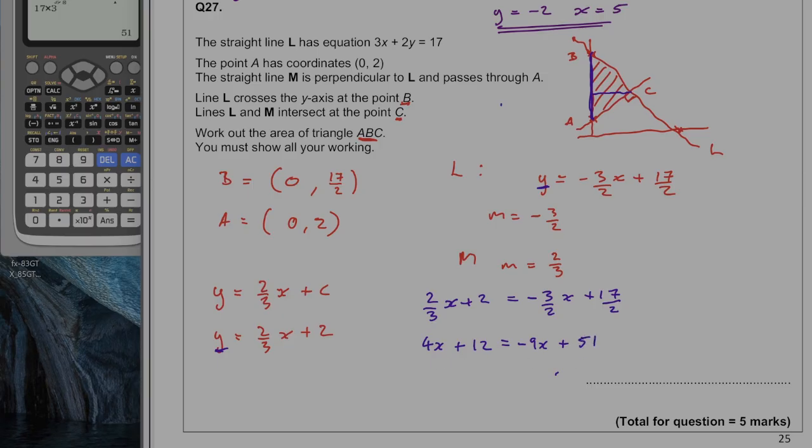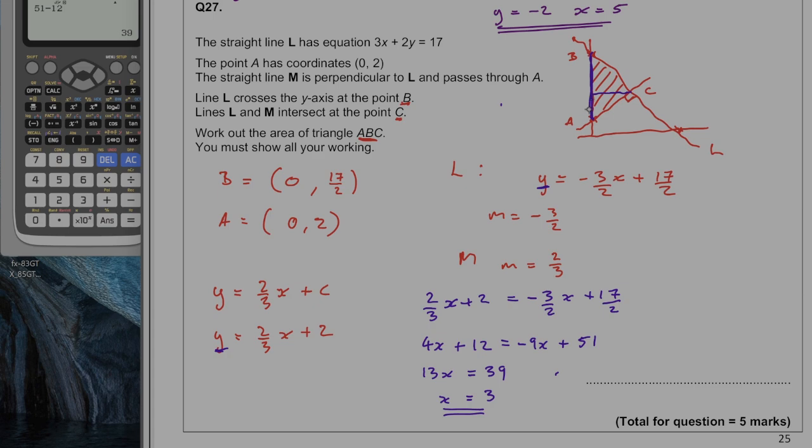So if I rearrange that, then I would get 13x is equal to 51 minus 12, 39. There we go, that's better. So x is going to be equal to 3.